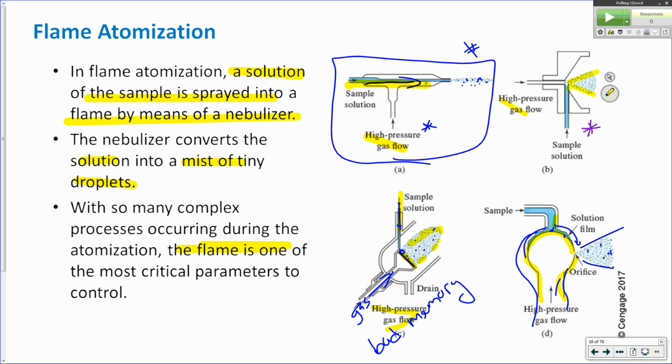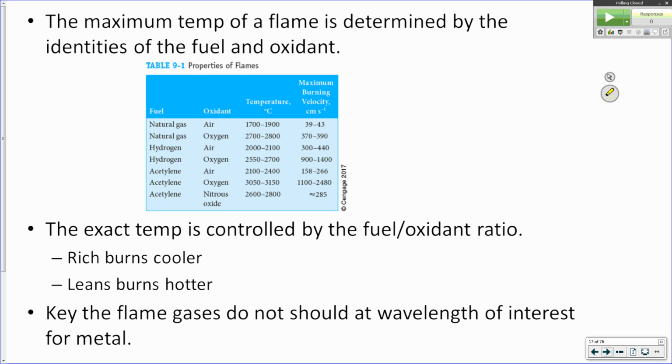There's a small needle that's hooked to your solution. So you've got a solution down here, and it's going to draw that solution, put it across the gas, and mist it. If we look at the other thing that varies with flames, the temperature of the flame is going to vary depending on what the oxidant and reductant are.